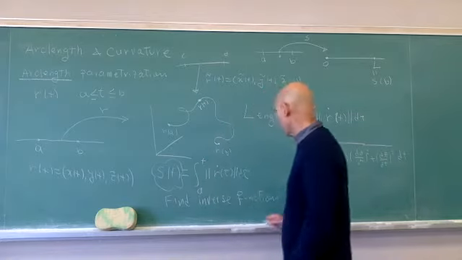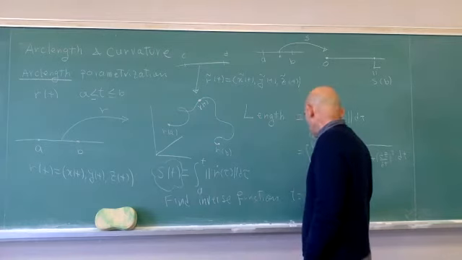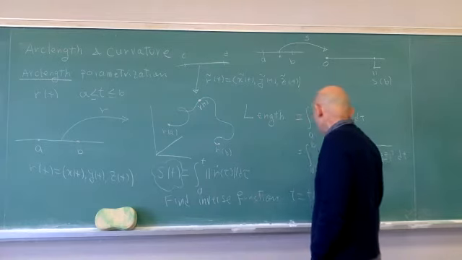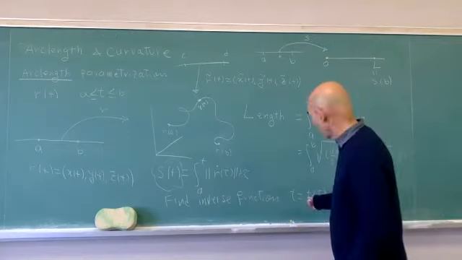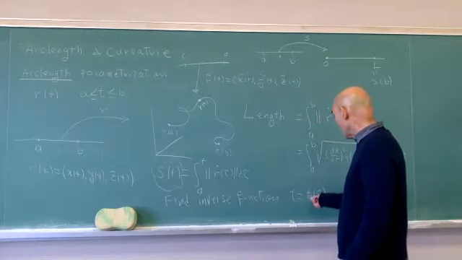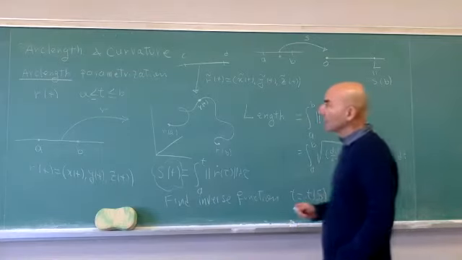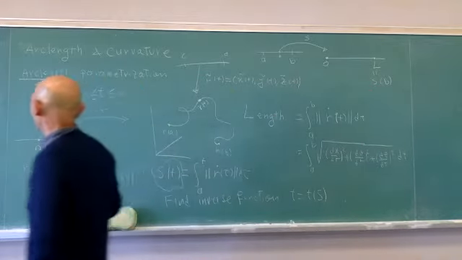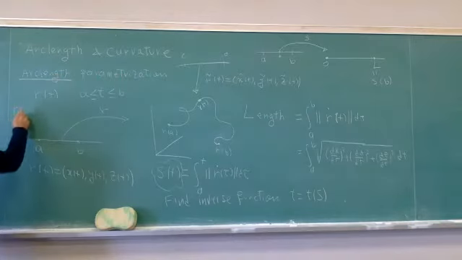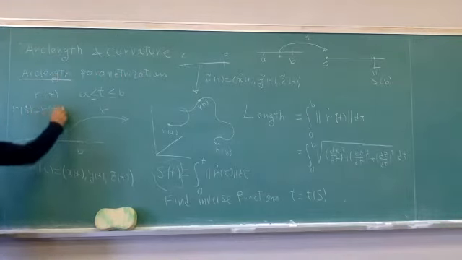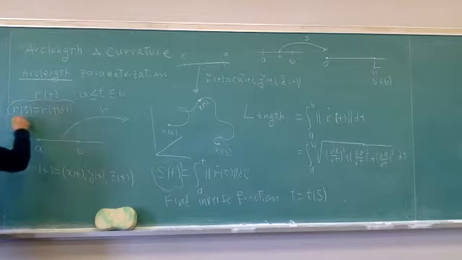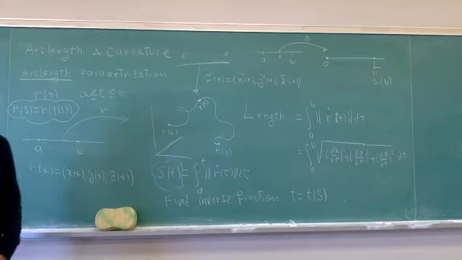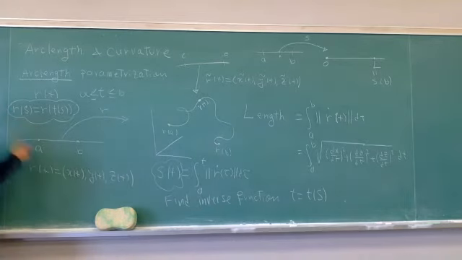So this inverse function would be T equal to T of S. And then once you find this function as a function of S, you replace T by T of S. So you just say R of S equal to R of T of S. And this is the arc-length parameterization.